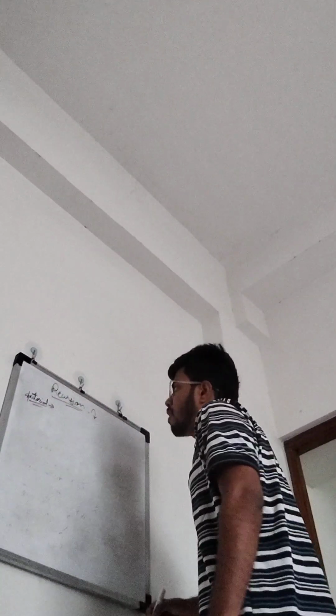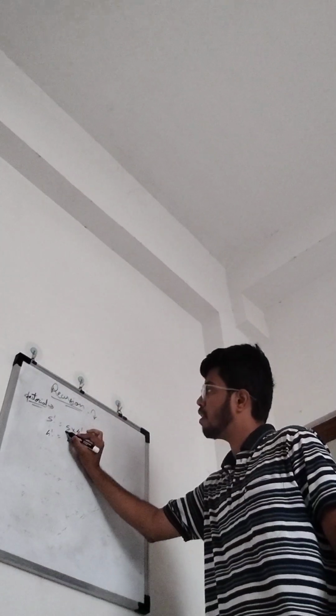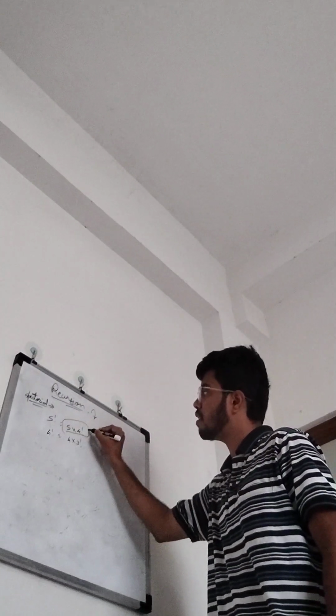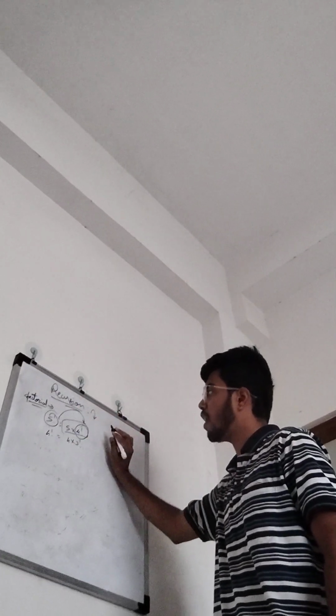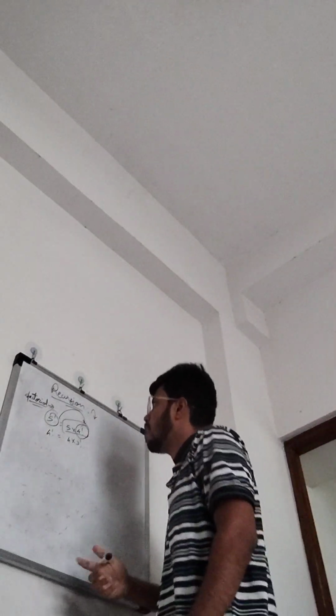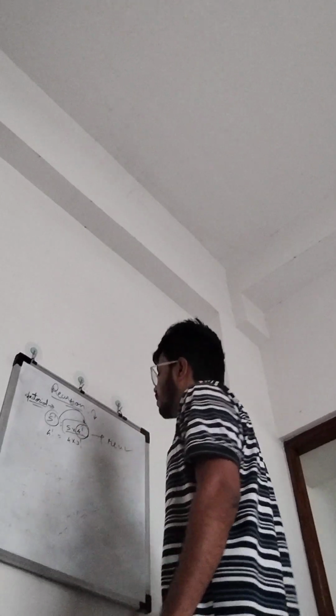How do we define the factorial? 5 factorial equals 5 times 4 factorial. 4 factorial equals 4 times 3 factorial. Now can you see the value of 5 factorial depends on the value of 4 factorial, which is evaluated in the same way as that of 5 factorial. So for these types of questions we can use recursion.